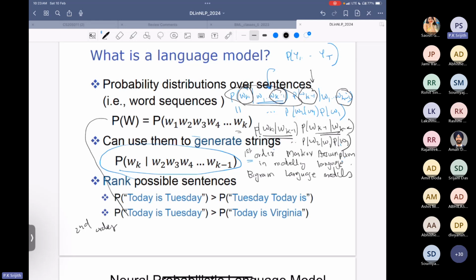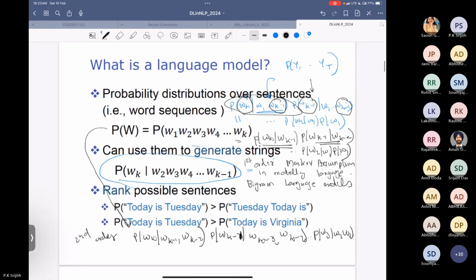So you can write this joint distribution as probability of WK given WK minus 1, WK minus 2, probability of WK minus 1 given WK minus 2, WK minus 3, up to W3 given W2, W1, etc. Right? So here you are assuming that the current word depends upon the previous two words and not just the previous word. And this could be a slightly better model in terms of modeling and generating sentences. And this is known as a trigram language model.